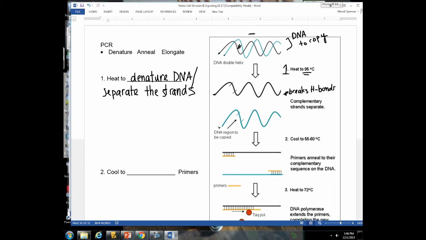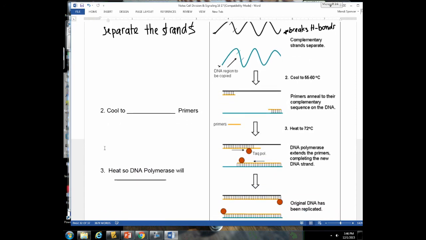The next thing the machine is going to do is it's going to cool off the test tube to about 55 to 60 degrees Celsius. And what that does is it allows these primers. Remember we said we built primers that would be complementary to the bases here on the ends of the DNA segment that we want to copy. So here's a primer, and those RNA bases are complementary to the DNA bases here.